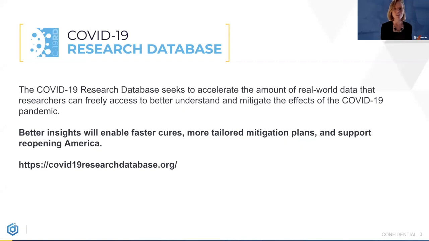So before we launch into the panelists' research projects, I want to just plug the research database for a moment. The COVID-19 research database is the product of a cross-sector partnership that came together about a year ago. The goal was to accelerate the amount of real-world data available to researchers, policymakers, any non-commercial research team to better understand and mitigate the effects of the pandemic.